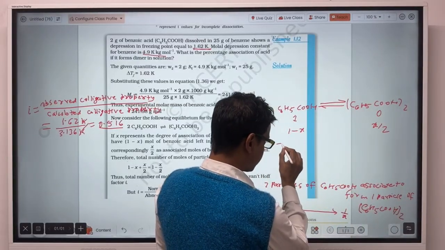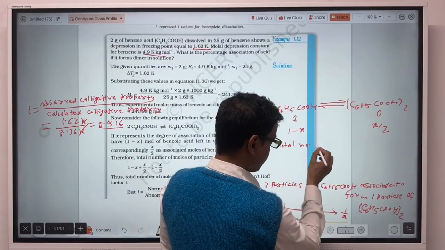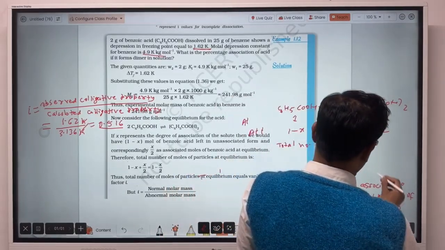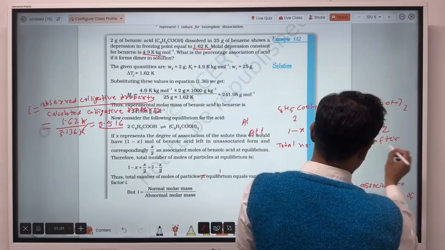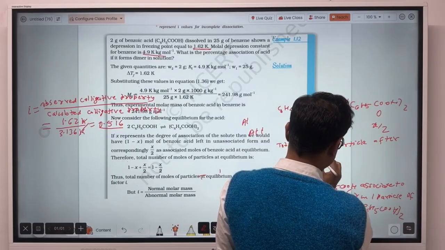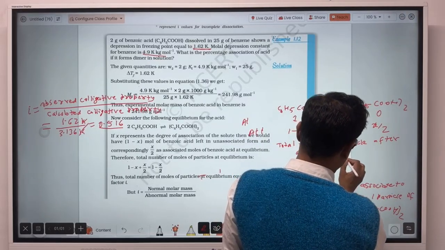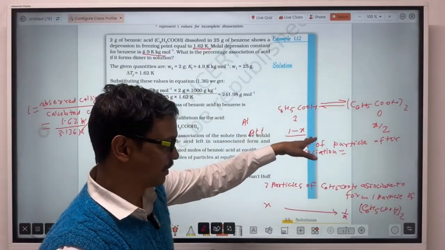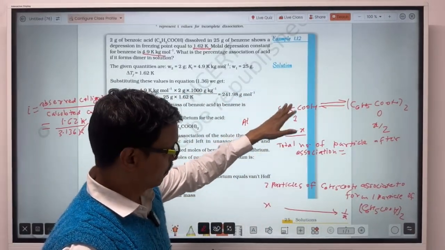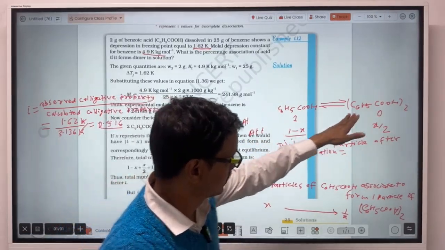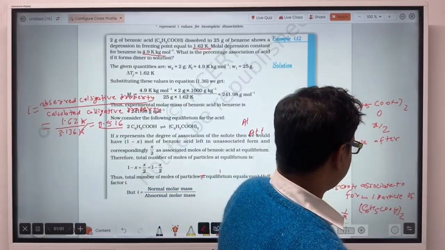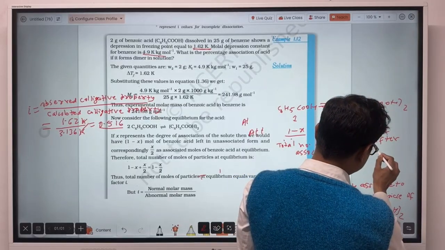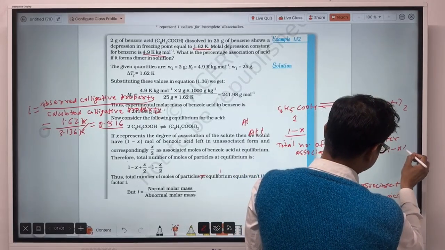So the total number of particles after association will be 1 minus X plus X by 2, that will be 1 minus X by 2.